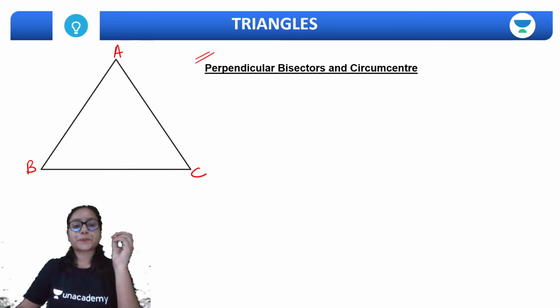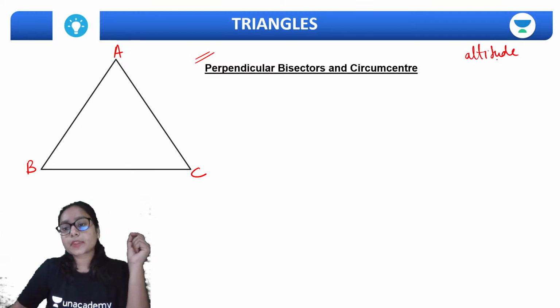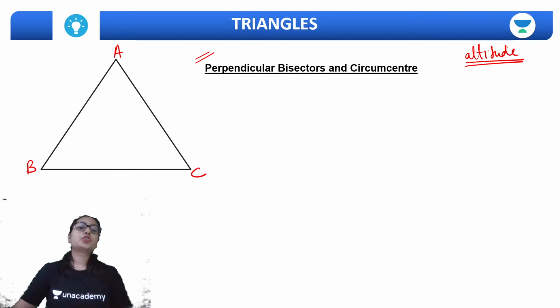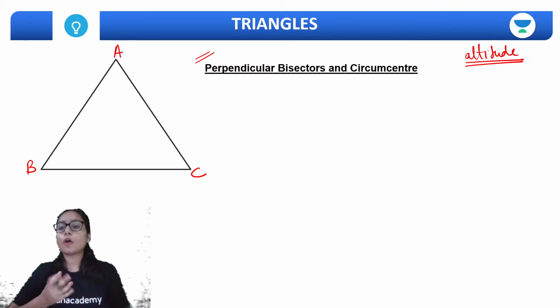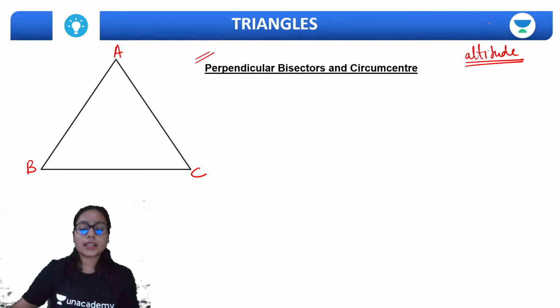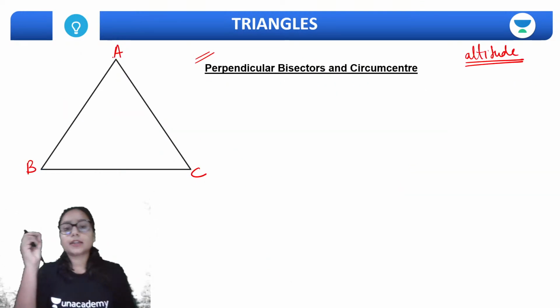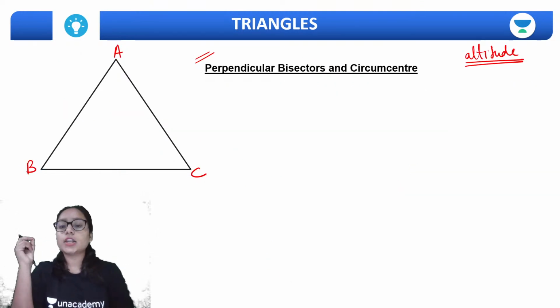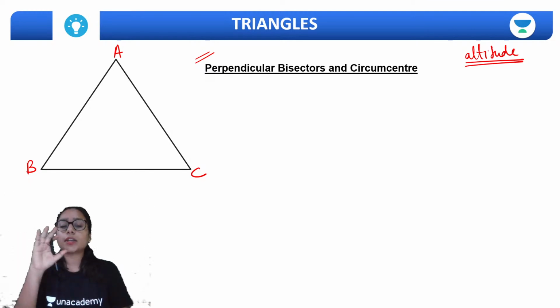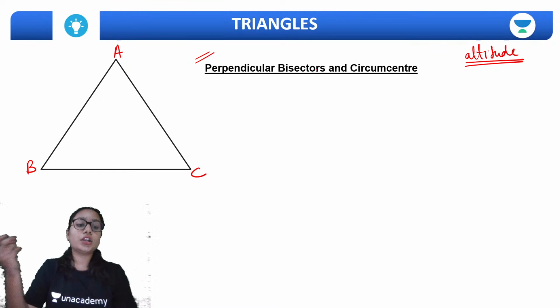See, an altitude is a perpendicular drawn from a vertex to the opposite side of the triangle, right? So in the case of an altitude, the vertex is involved. But in the case of a perpendicular bisector, the vertex is not involved. This is just a perpendicular bisector of a side of the triangle.